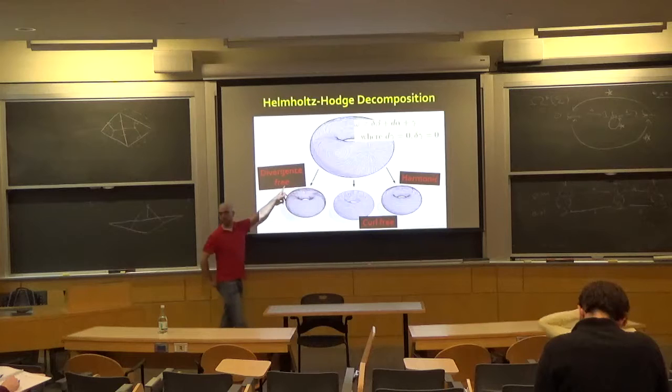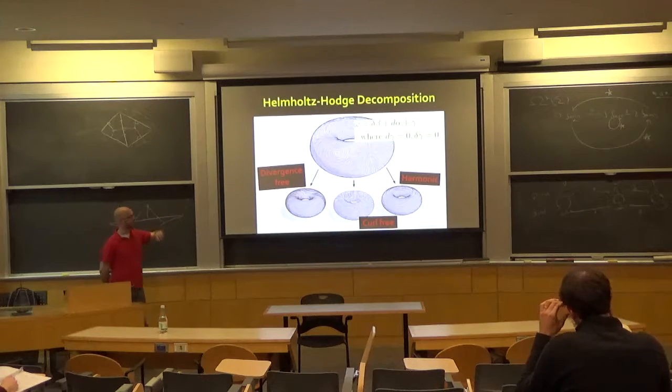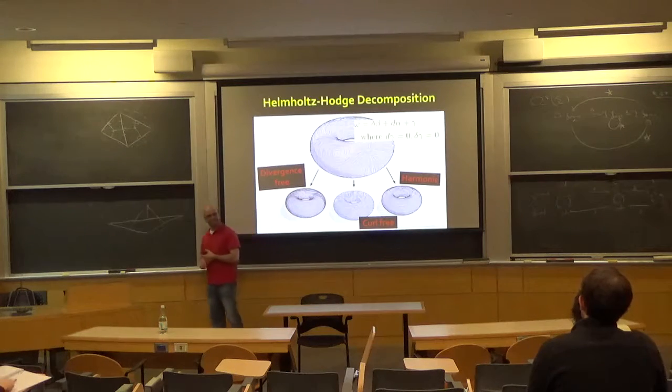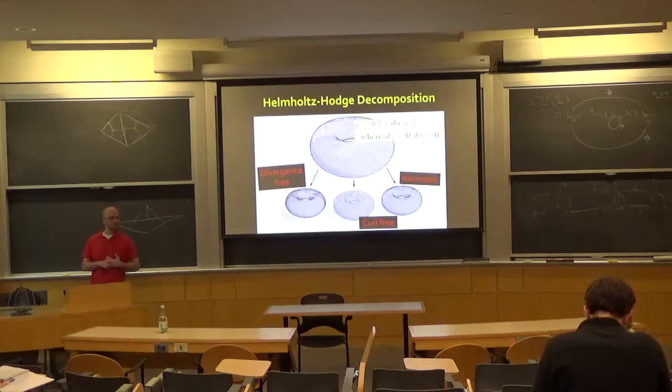You get omega, which is a one form, a general vector field, equal to the sum of d alpha, which is like the gradient of a function, plus the codifferential of beta, remember that's star d star, plus gamma, and gamma is harmonic, so it has both zero div and curl. So this is just a fancy way of notating the Helmholtz-Hodge decomposition in the formalism that we developed.